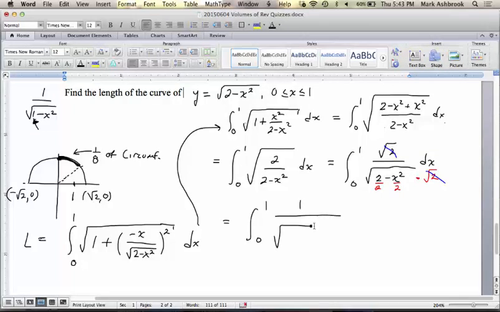Square root of 1 minus, now we need this to truly be sine inverse. What is it squared? Not x over 4. X over radical 2.